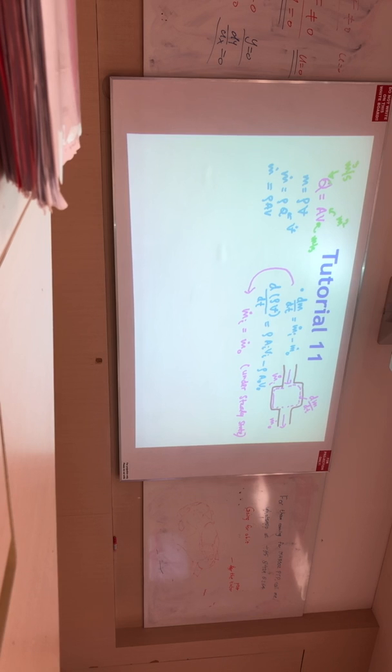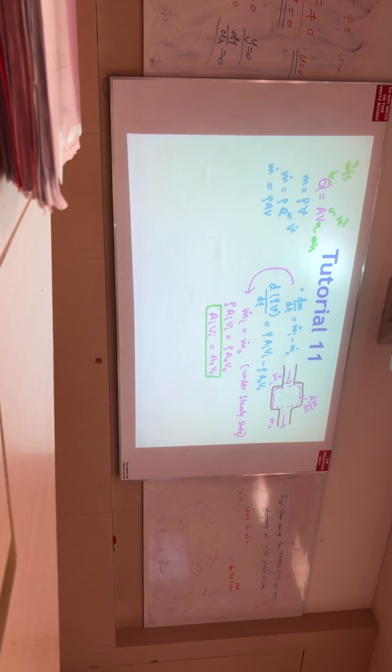Okay? Then what is m dot i? Rho A_i V_i equals rho A_o V_o, so I can write A_i V_i is equivalent to A_o V_o. Correct? From that concept, I can write two equations.